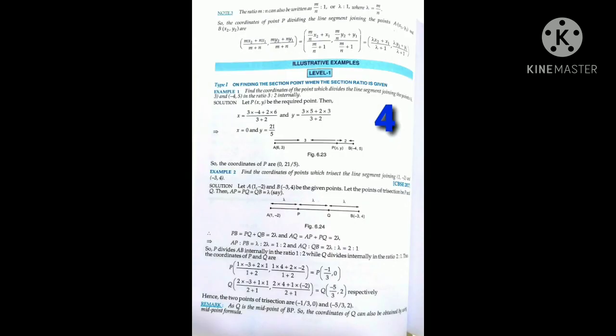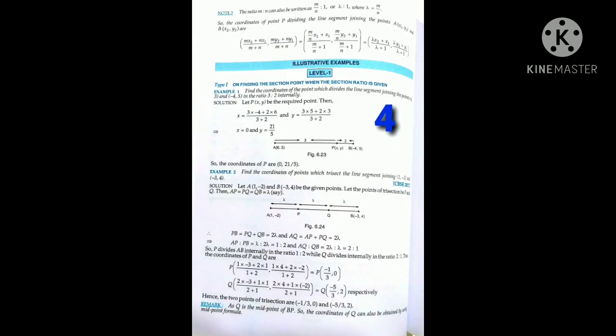Then if we put m equal to 1 and n equal to 1 in the section formula, we get the coordinates of the midpoint of AB as (x1 plus x2) divided by 2, comma, (y1 plus y2) divided by 2. Got it? So this is called the midpoint formula.